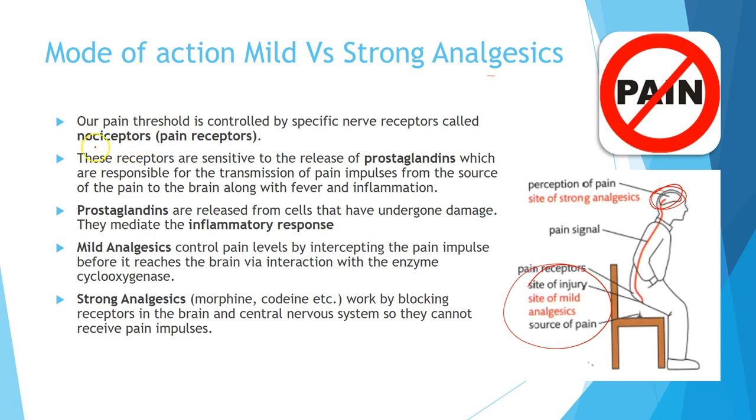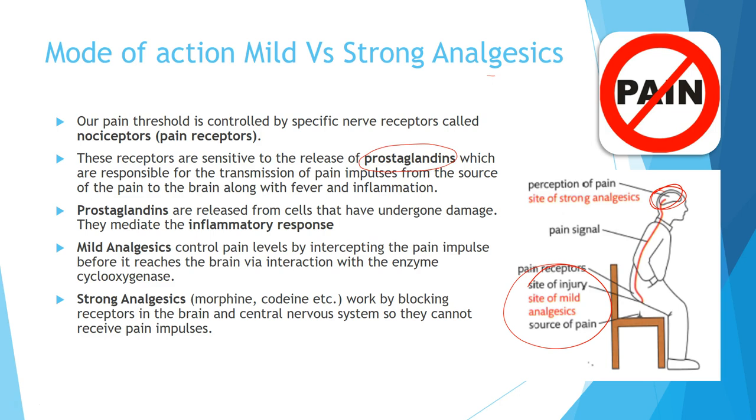Okay, so a couple of specific terminology points that we need to know. How much pain we feel, okay, is determined by nerve receptors called nociceptors. These are pain receptors at the site of the pain. Okay, they are susceptible to the release of compounds known as prostaglandins.